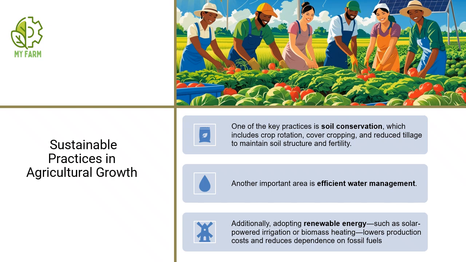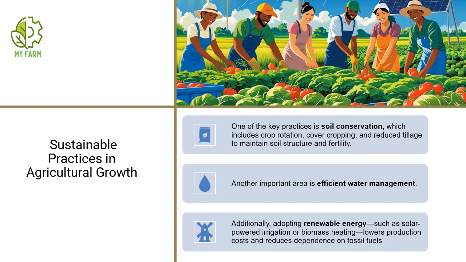Another important area is efficient water management. Farmers use methods such as drip irrigation, rainwater harvesting, and precise scheduling to reduce water waste and adapt to changing climate conditions. Sustainable growth also involves integrated pest management, which combines biological controls, resistant crop varieties, and targeted chemical use to reduce environmental impact.